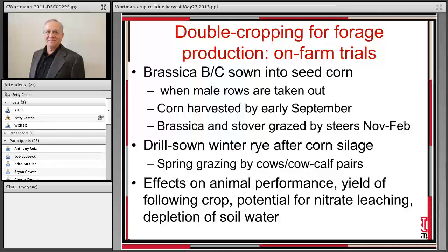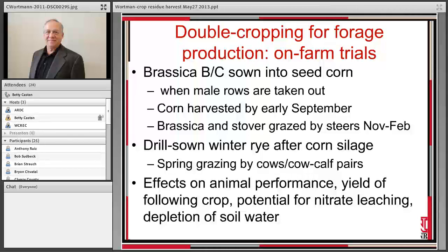Then it gives a lot of time for growth of the brassica, of the turnips. And so you put grazing animals on there, and the animals have both the stover as well as the brassica available, the top growth of the brassica as well as the root. And some farmers have had good experience with this, and we want to get better data on it.